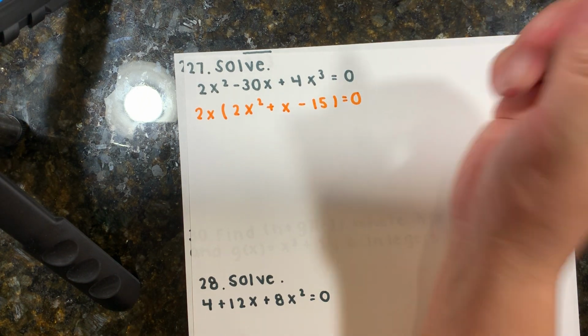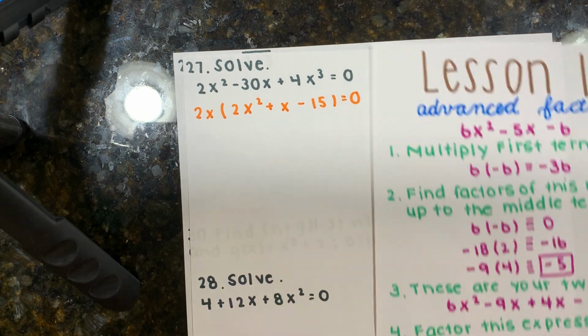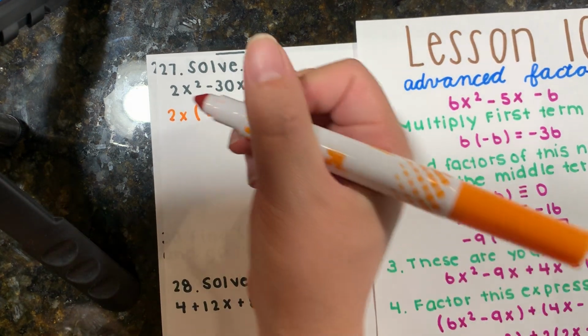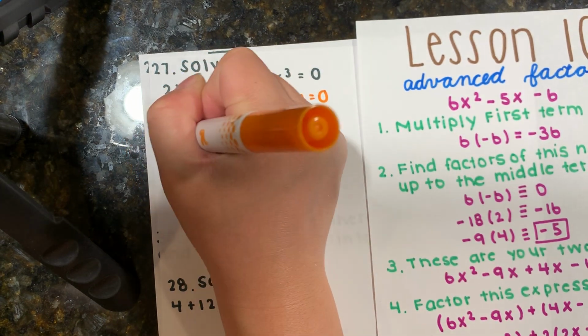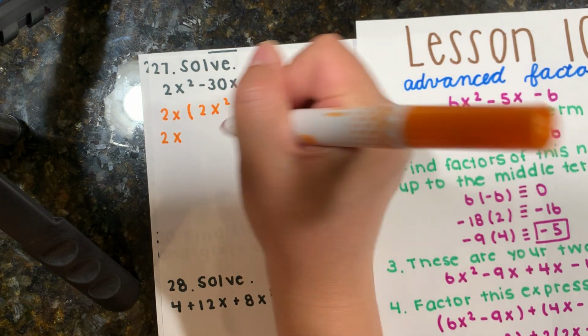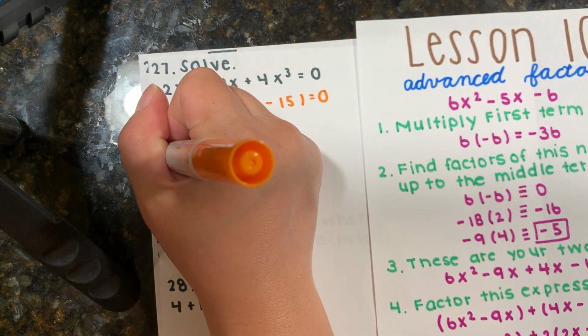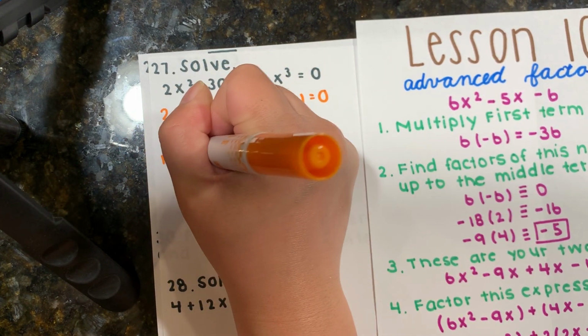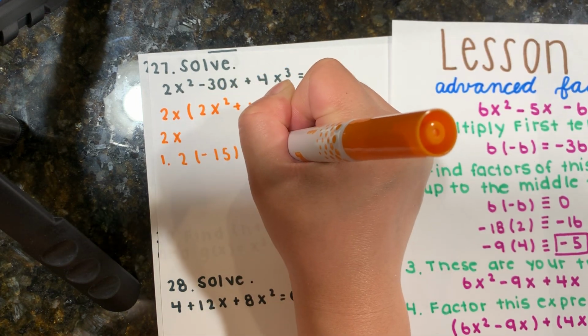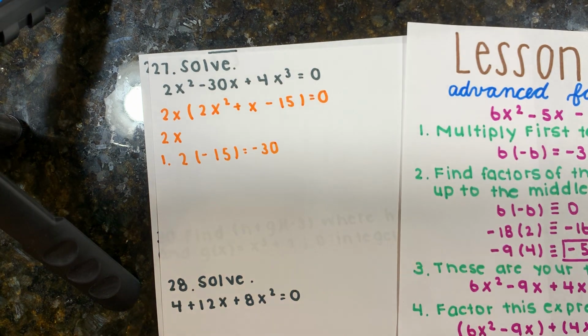So we're going to follow our steps from lesson 105, which the first step says to multiply the first term times the last term. So I have my 2x on the outside, but really I'm just multiplying the 2 times the negative 15, which would be negative 30.